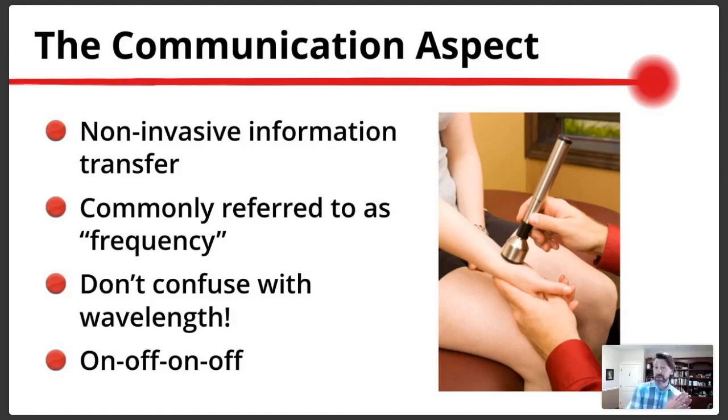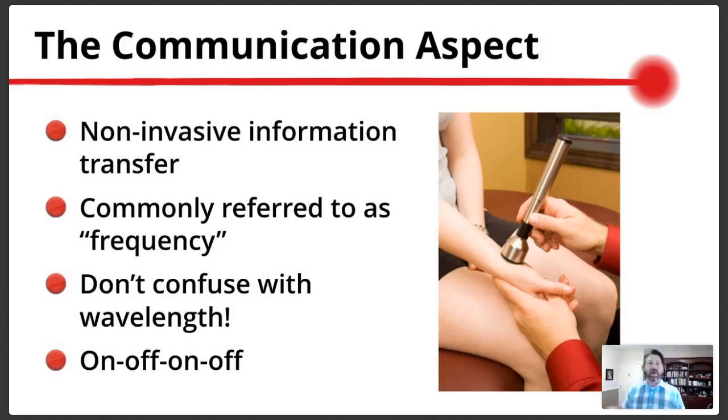Wavelength is color. Frequency is information that's encoded. And frequency simply refers to how rapidly the light is flashing on and off. So if you have one burst of light per second, that would be a frequency of 1 hertz, 1 burst per second. If it's flashing on and off 10 times a second, frequency is 10 hertz, 10 bursts per second.